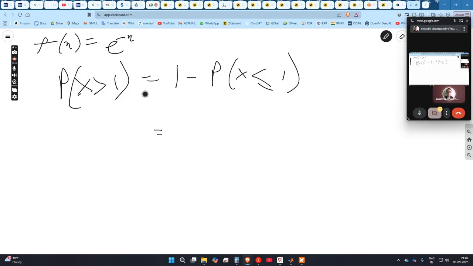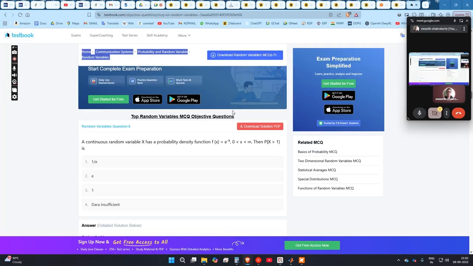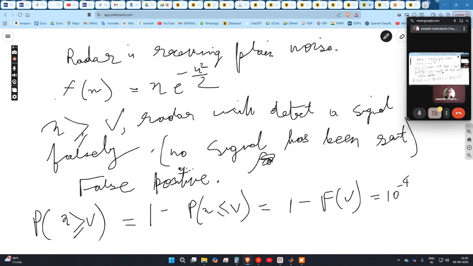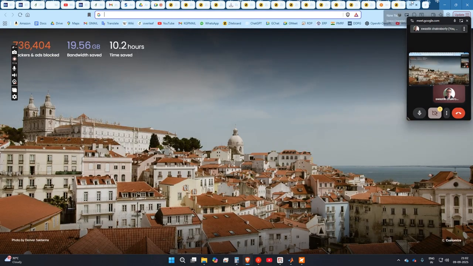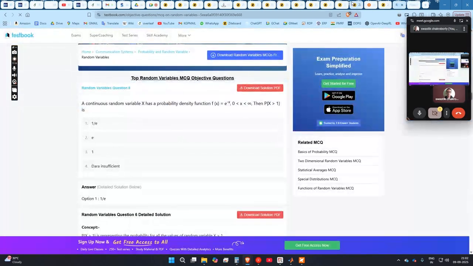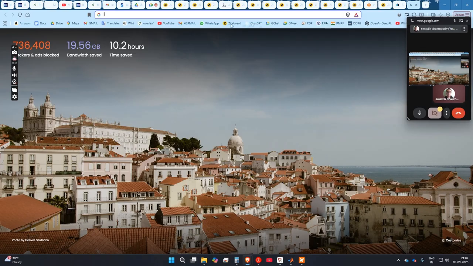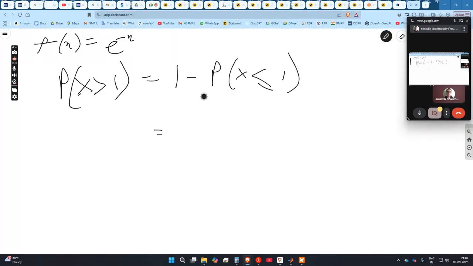So we can write P(X greater than 1) is equal to 1 minus P(X less than or equal to 1). Now, what is the probability P(X less than or equal to 1)? That is the CDF. So 1 minus F(1).